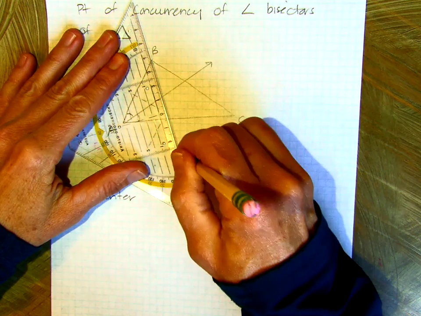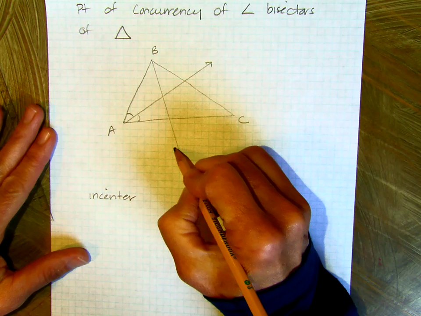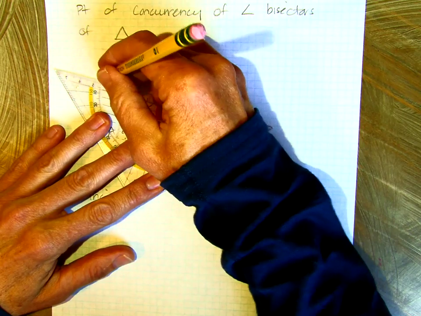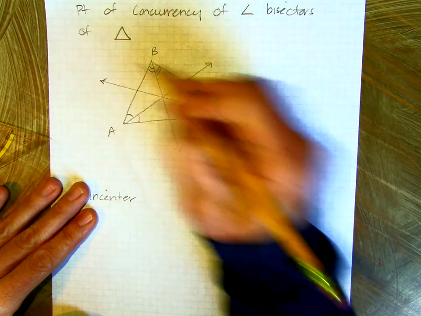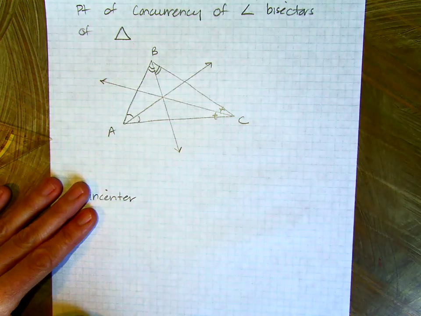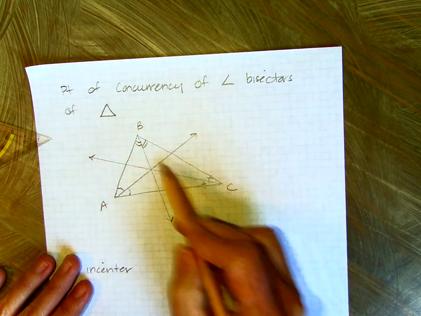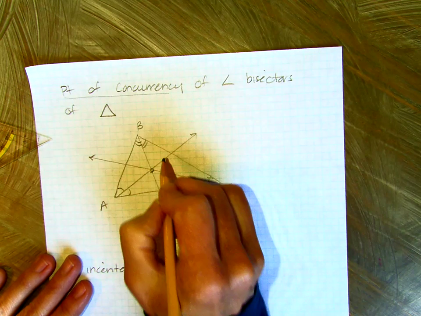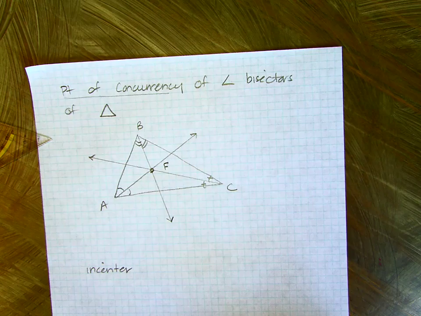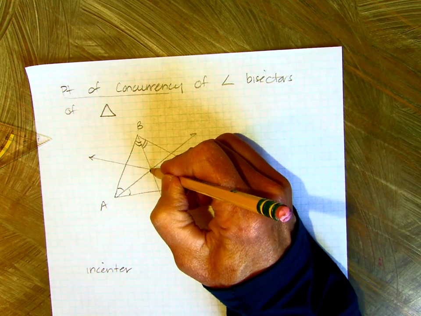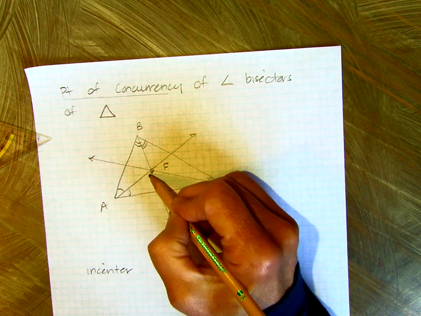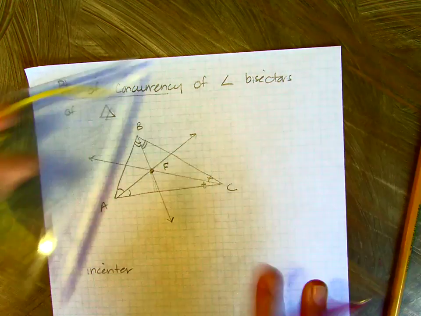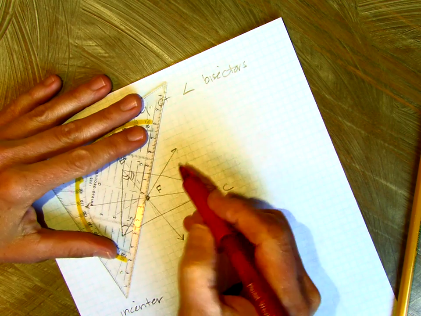Here's angle bisector A. B. And there's the angle bisector of D. So the three angle bisectors meet at a point F. What did we say about if a point lies on the angle bisector? It's equidistant from the sides.